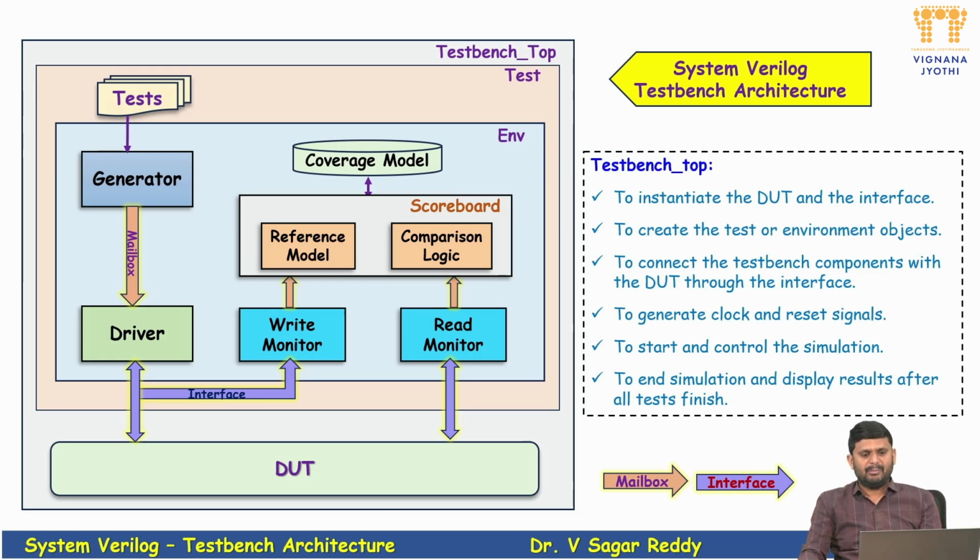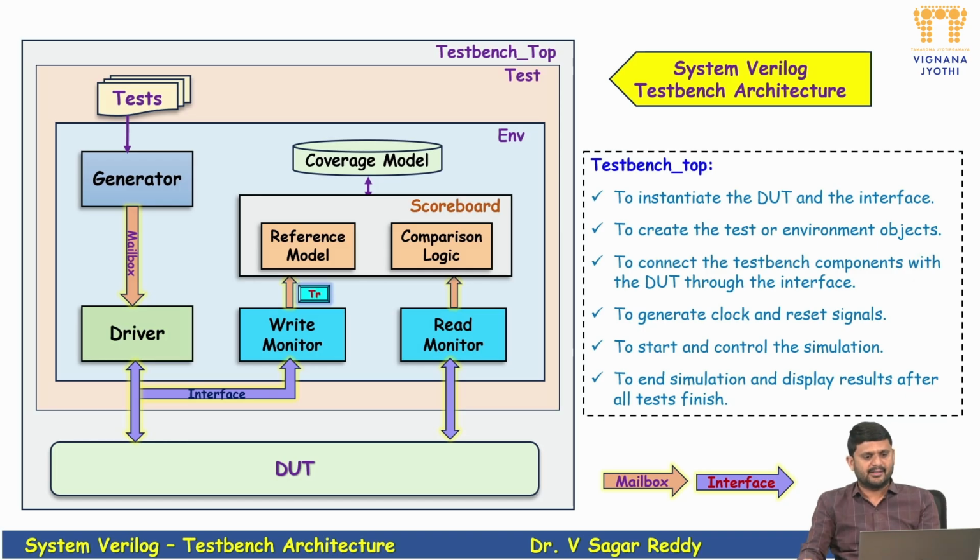So now we see the complete data flow. Now it is a full picture. Let's trace the complete data flow through the entire architecture one final time. The Testbench top generates clock and resets and instantiates the DUT and interface. The test configures the environment and triggers the scenarios. The generator creates constrained random transactions, which flow via mailbox to the driver, and the driver converts the transaction into signals, and then the DUT takes these via the interface. The DUT processes the inputs and produces the outputs.